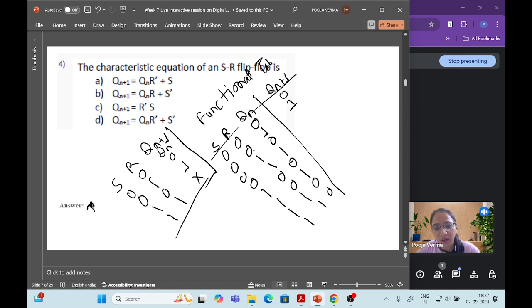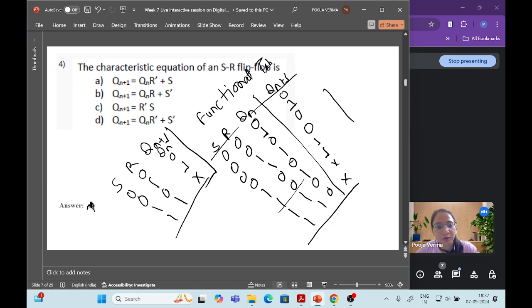And when R is 1, that means reset, so it will be 0 0, right? And when S is 1, input 1 0 for these two, then the next state output will be 1 1. And when both the inputs of SR flip-flop are 1, then invalid, that means don't care.